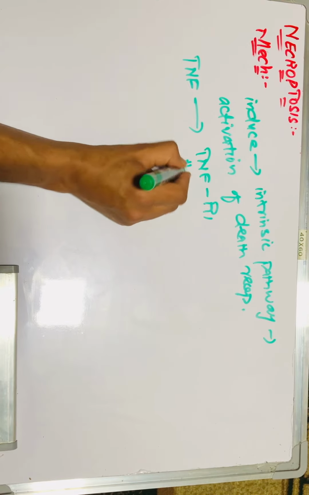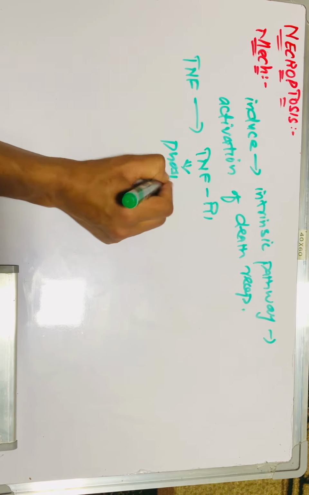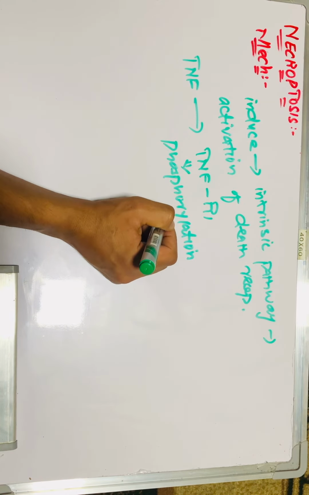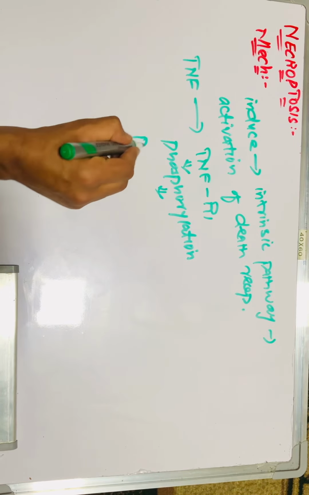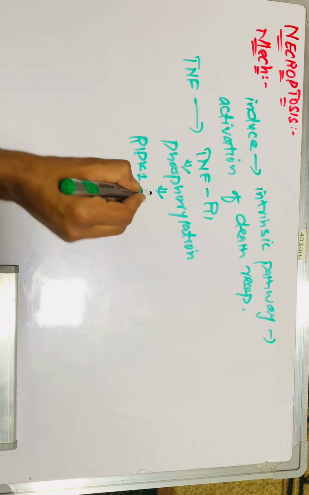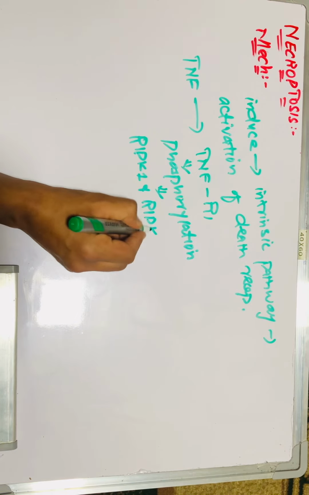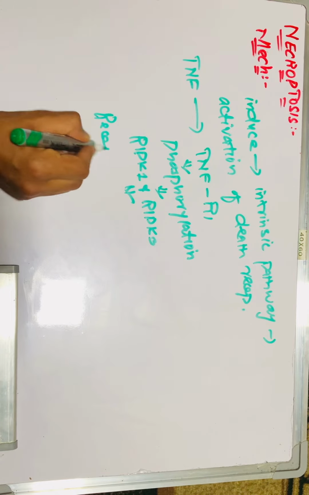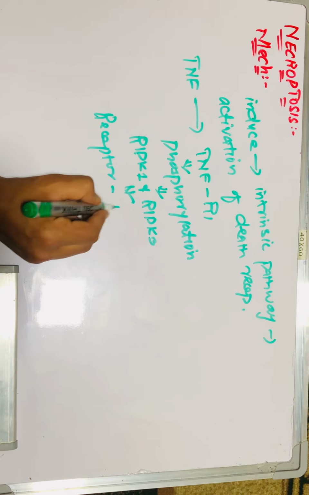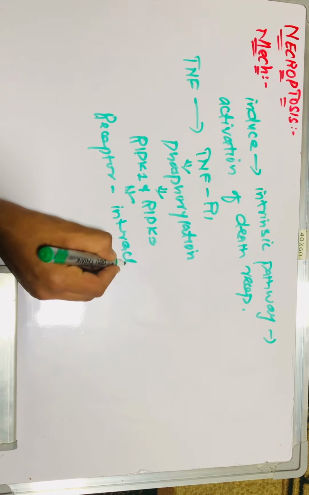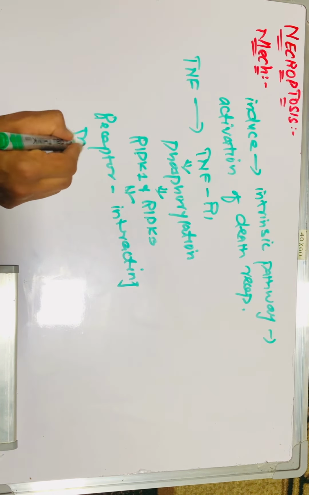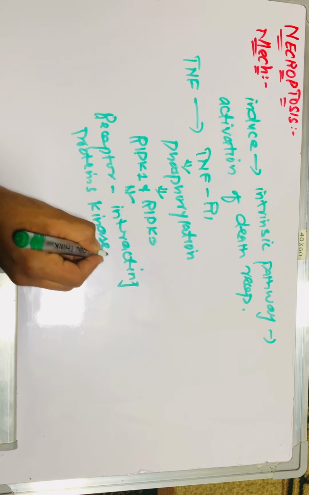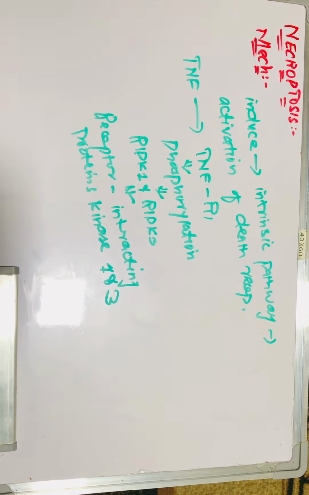What will happen? This will lead to the phosphorylation of RIPK1 and RIPK3. These are receptor interacting protein kinase 1 and 3.